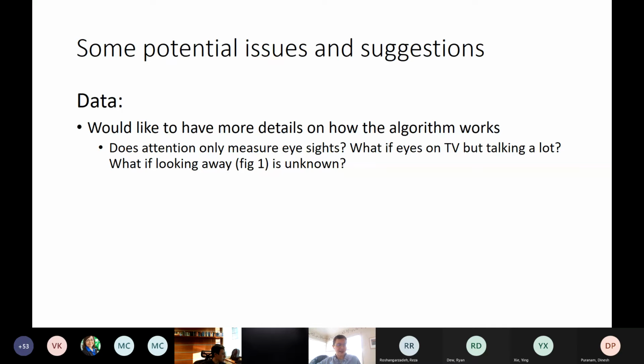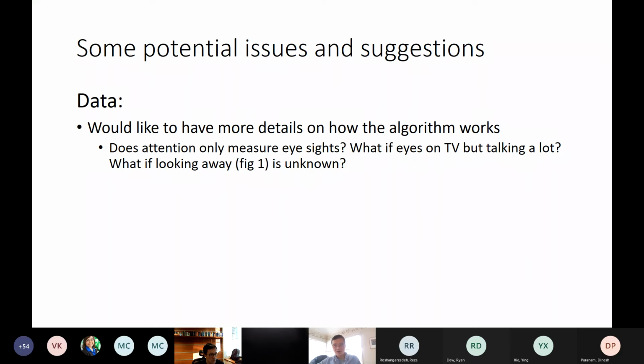I tried to see, but I think the current discussion is too brief. For example, does attention only measure eyesight? What if a person has eyes on the TV, but talks a lot and laughs a lot? Does it also mean high attention?